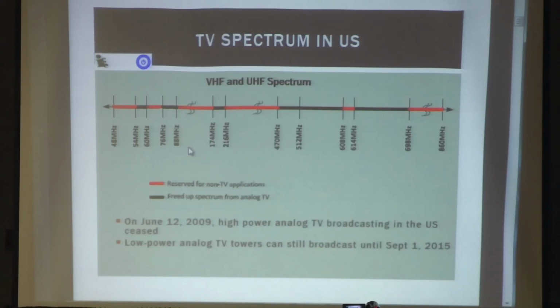And the black areas over here is basically the freed spectrum for analog TV. So once these high power towers for analog TV ceased to transmit in 2009, all of a sudden you had all these channels that became available. Some of them are being reused for digital TV, and others actually are free.